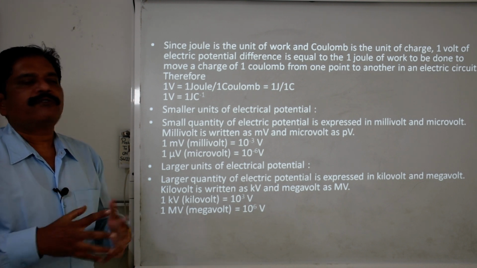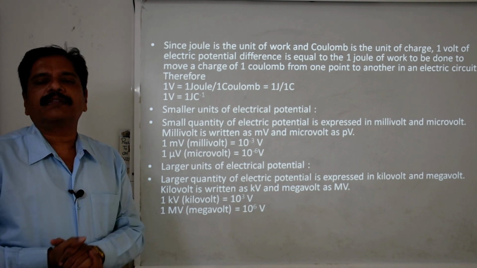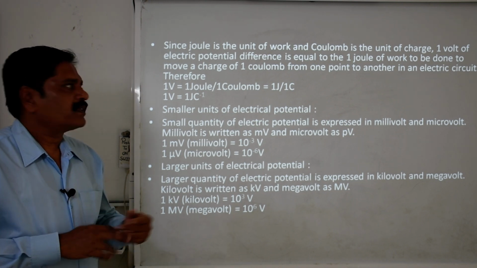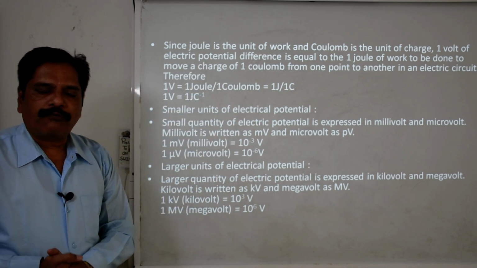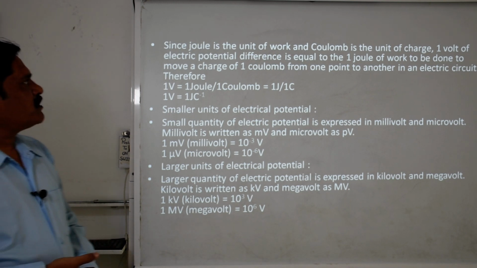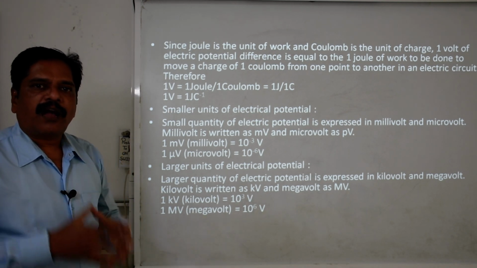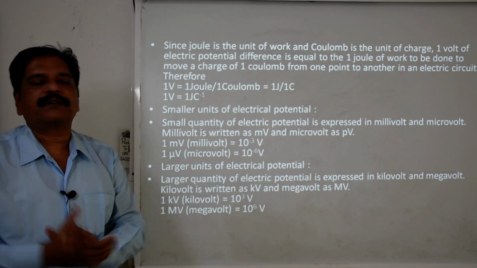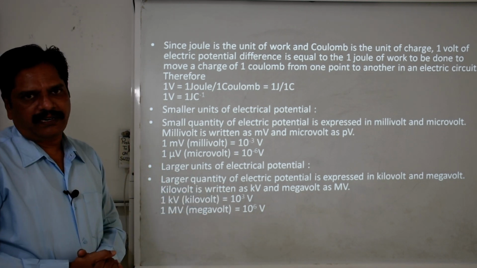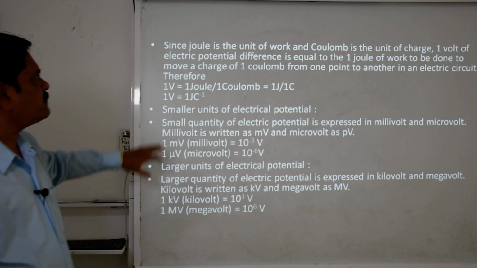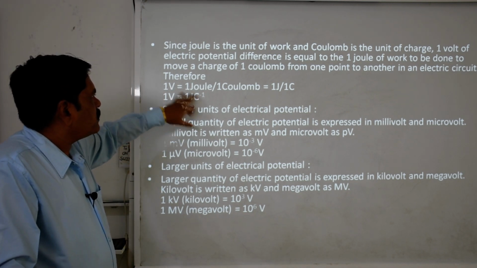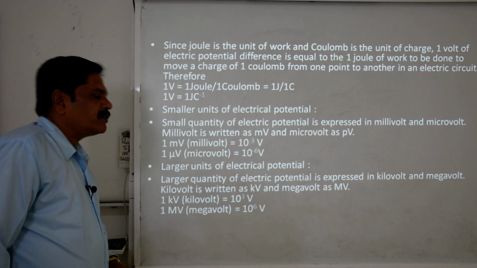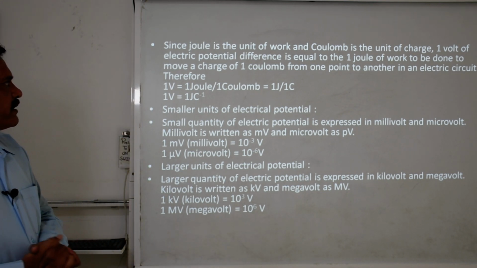So if you want to define 1 volt, how much work do you need to perform? 1 joule of work needs to be done when you move a charge of 1 coulomb from one point to another in a static electric field. Clear? Remember this one thing. So therefore 1 volt is equal to 1 joule per coulomb, or simply 1 joule coulomb to the power minus 1.